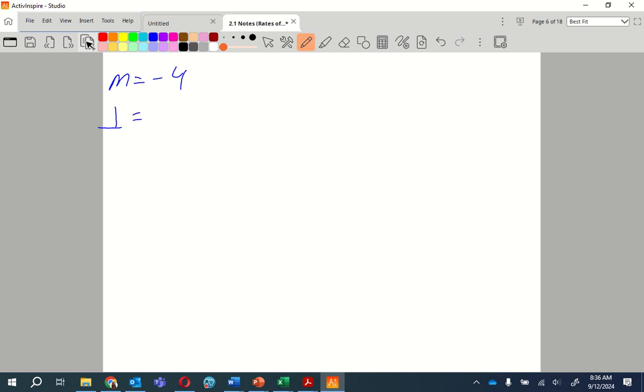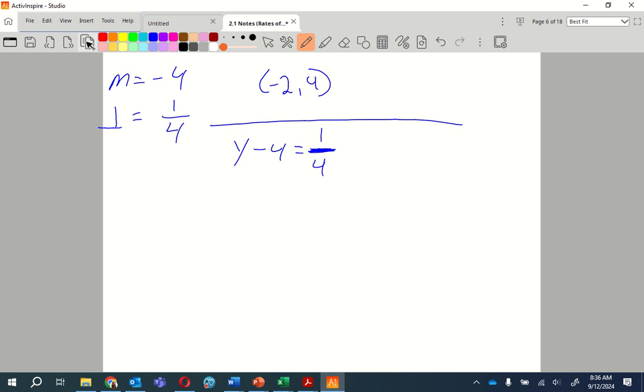So if this is -4, it would be 1 over 4. Does that make sense? And we're going to use the same point. My point was -2, 4. y minus 4 equals 1 over 4 quantity x minus -2.